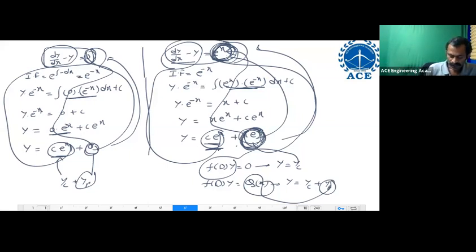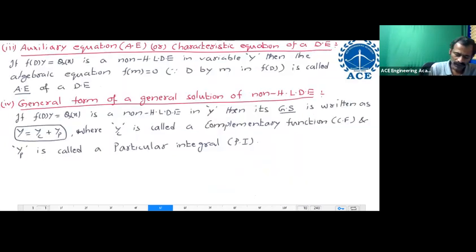Right? Now we are going back to the previous page. Here we have the note point. Note point 1. F of D y equal to 0. For this, the general solution is y equal to yc. And the second one, F of D y equal to q of x.